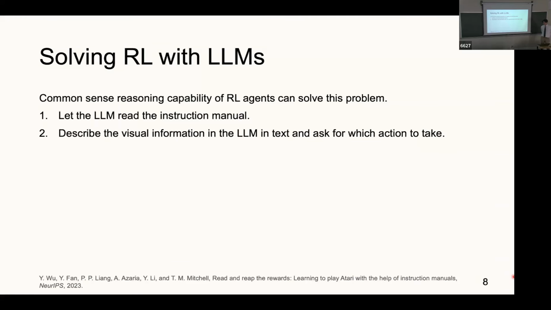In this research, all visual information in the instruction manual is not included. It's discarded. Okay. So there is some human intervention in the sense that the human writes the script, converting the video game screen into a text description. But that's the only thing the human does.